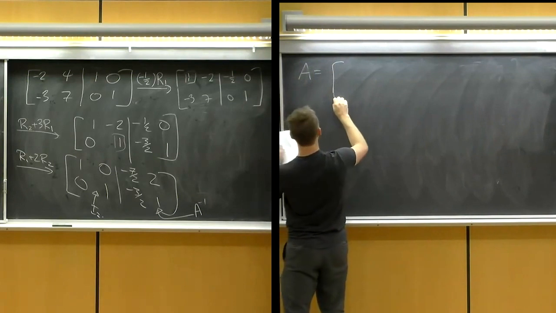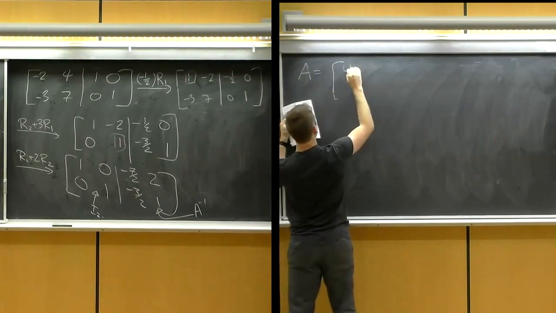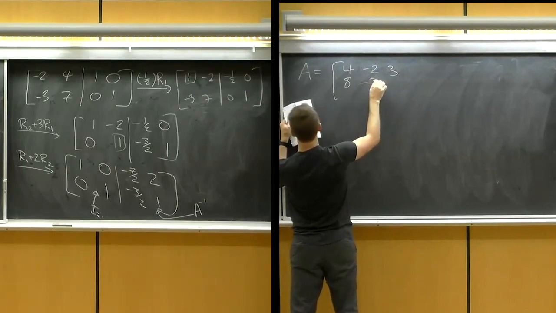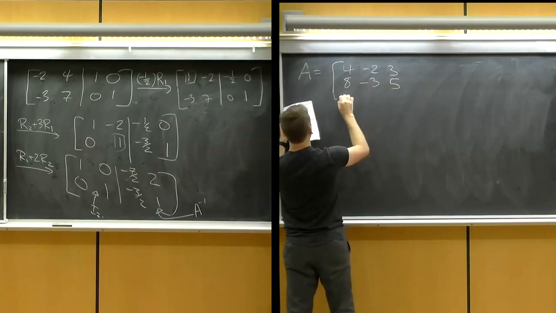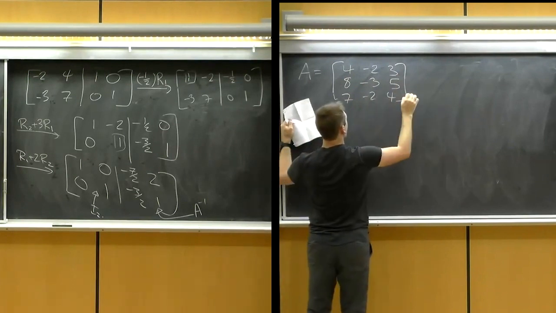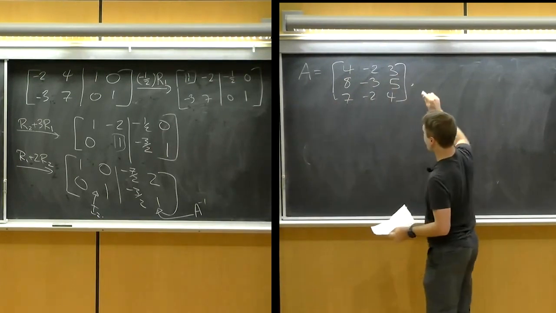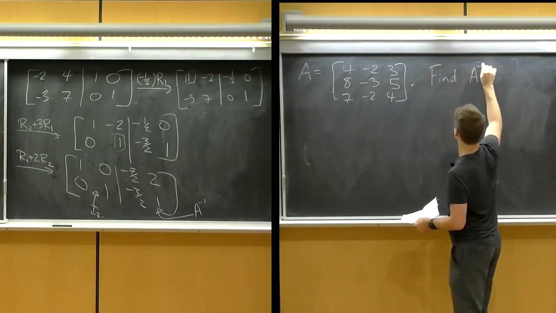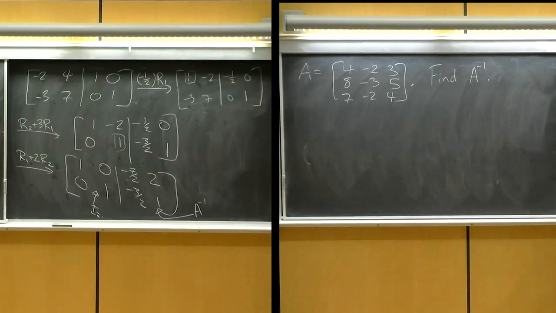Okay, so I'm going to do a 3 by 3. So 4, -2, 3, 8, -3, 5, 7, -2, 4. So this is my matrix A, and the question is to find A inverse. Okay.